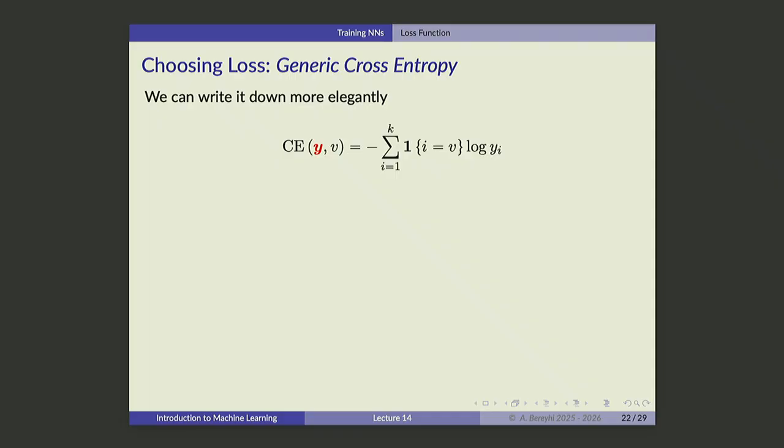What's going to be the output of this summation? Well, the coefficient is 0 for any i which is not the true label. This indicator coefficient is going to be 1 only when i is exactly V, and this is going to be minus log of yV. Everybody's cool? You see that?